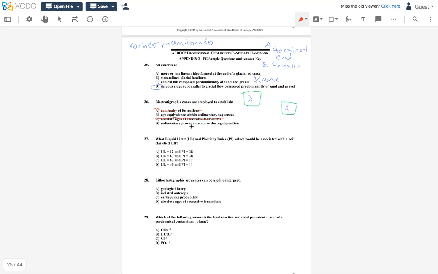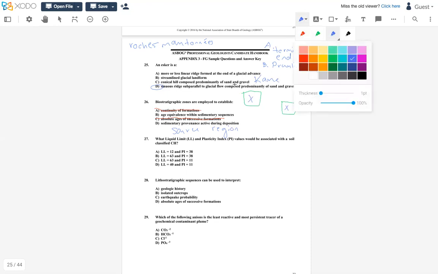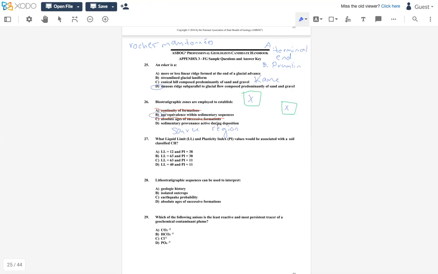Provenance is just the source region of a sediment sample, and your fossils are not going to tell you that specifically. So we can remove that one, and say that B is the correct answer. Very confident that it is.